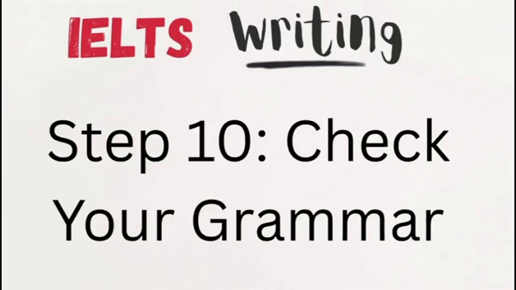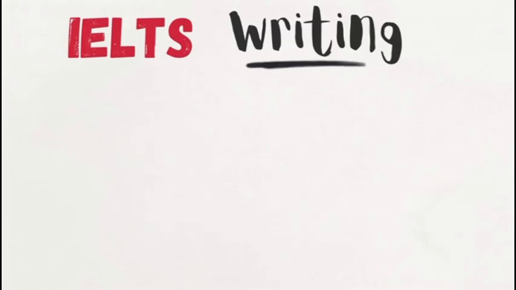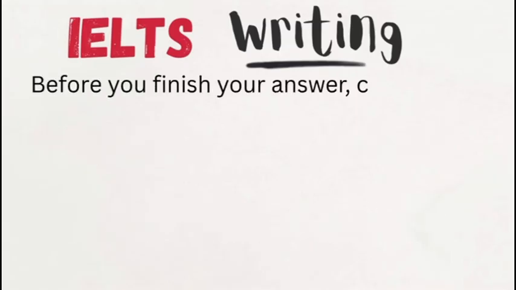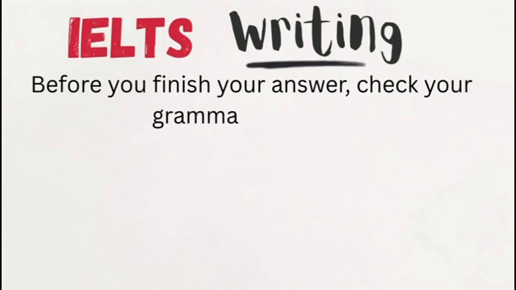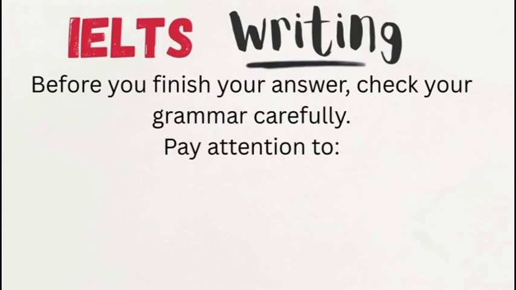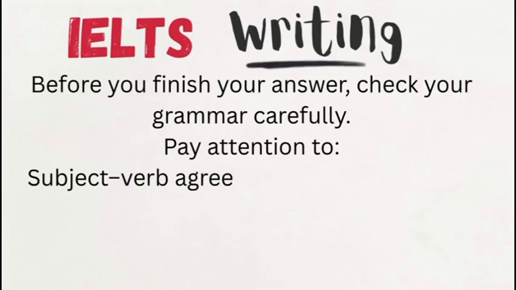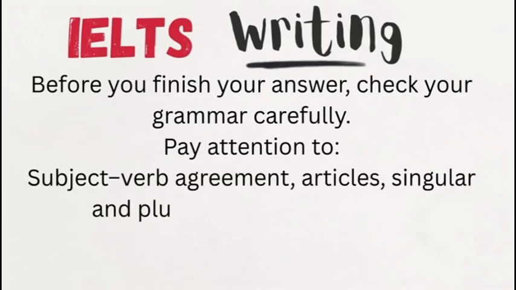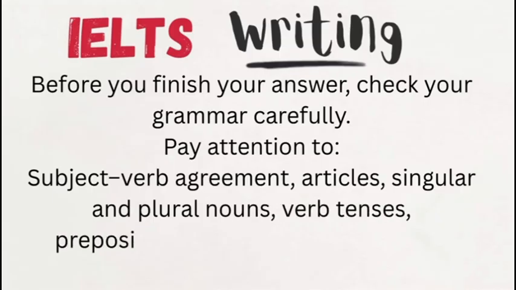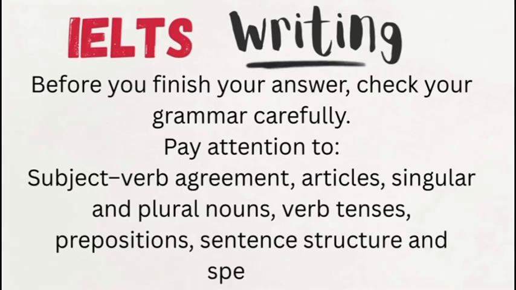Step 10. Check your grammar. Before you finish your answer, check your grammar carefully. Pay attention to subject-verb agreement, articles, singular and plural nouns, verb tenses, prepositions, sentence structure, and spellings.